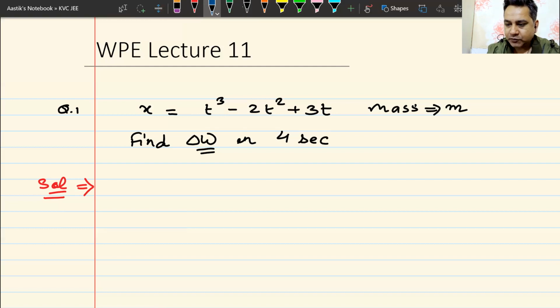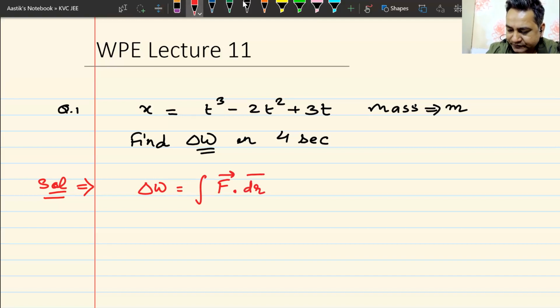No one? Okay, then let's not waste time. I will do it. So how will I do this one? I just need to understand that my work done is the integral of F dot dx or dr, whatever it is. It is a dot product of force with displacement.